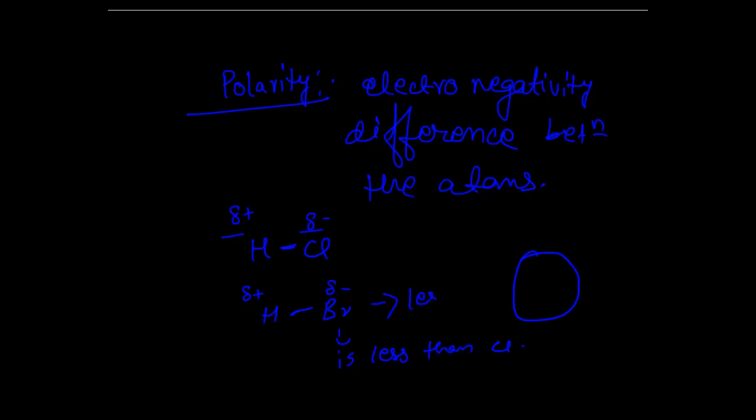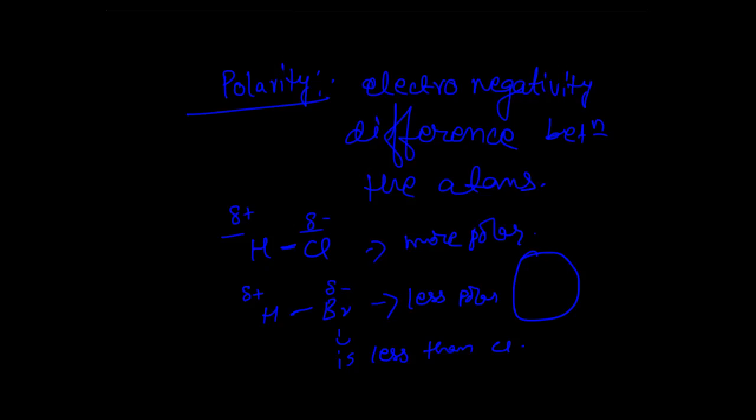This is less polar, this is more polar compared to each other. That is, for a bond to be polar, we must have an electronegative atom bonded with a positive atom, and to compare the polarity between two molecules, we must see the electronegativity difference.